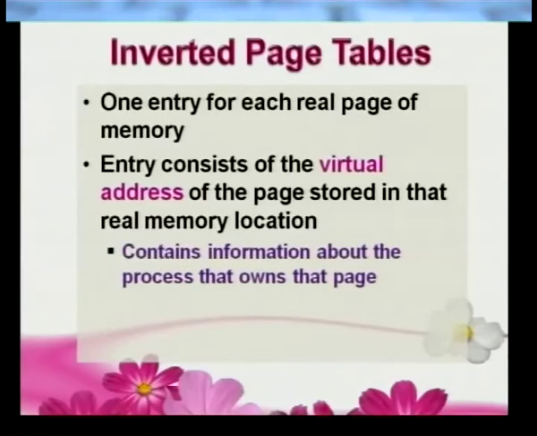Therefore, there is another mechanism recommended to the operating system in terms of inverted page tables. Inverted page tables work in a totally different manner unlike your hierarchical or hashed page tables. In hierarchical or hashed page tables, the D is kept aside and only P is analyzed for finding the frame number.